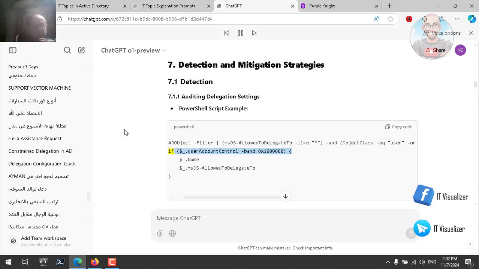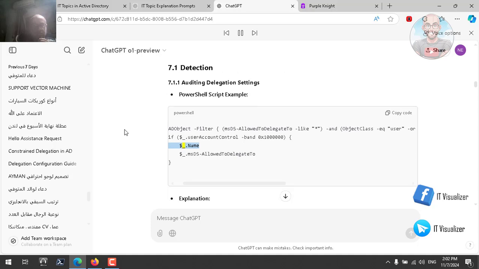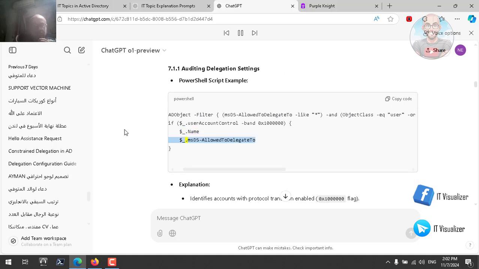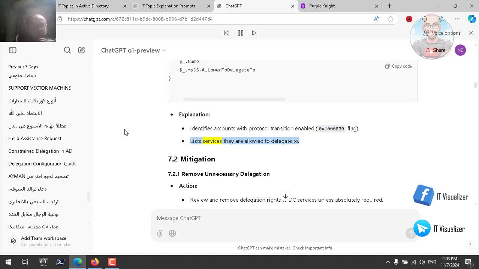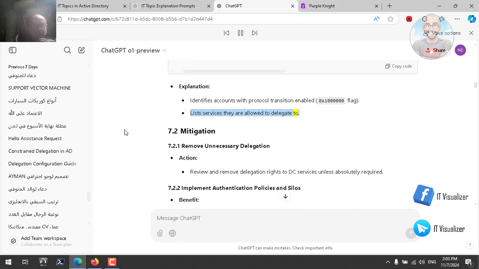For each object, check userAccountControl -band 0x10000000, then output the name and msDS-AllowedToDelegateTo. Explanation: identifies accounts with protocol transition enabled, the 0x10000000 flag, and lists the services they are allowed to delegate to.